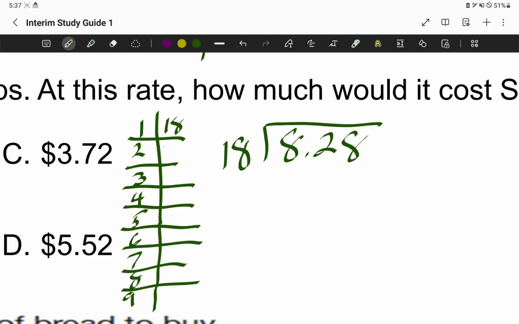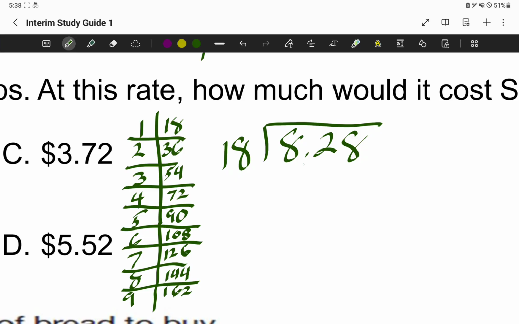And so that's 18, 36, 54, 72, 90, 108, 126, 144, 162.